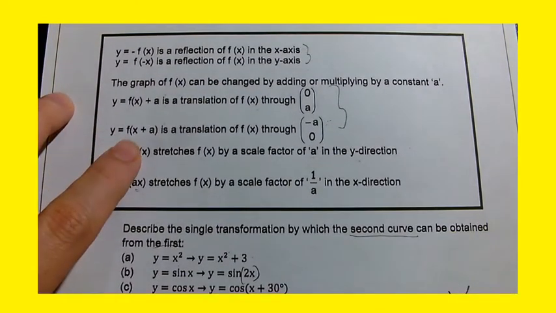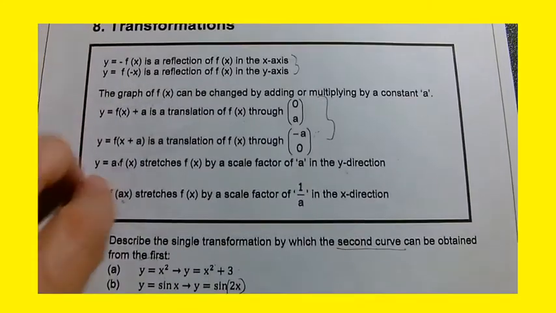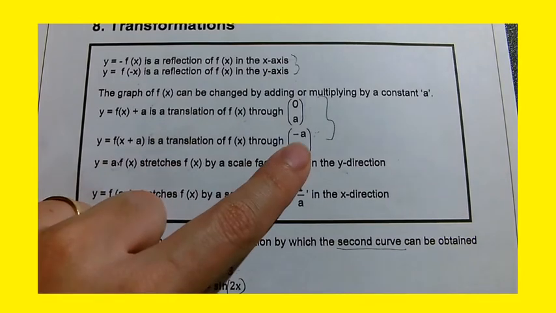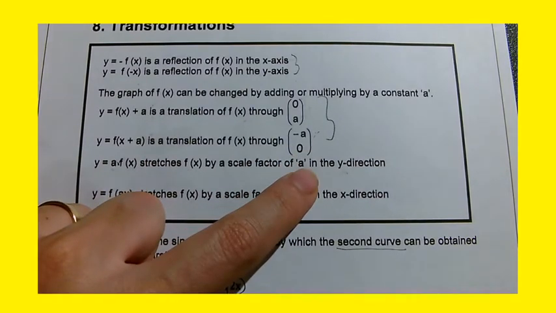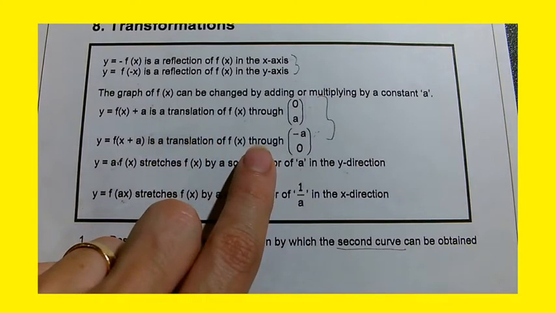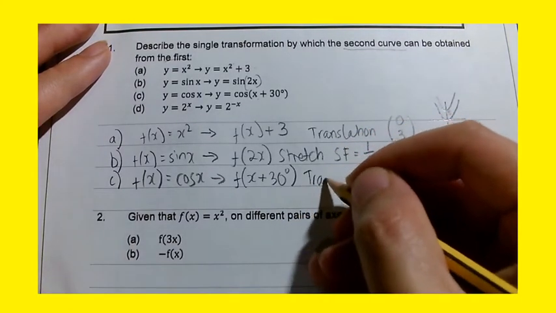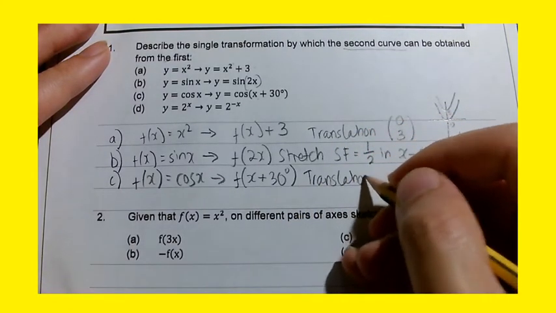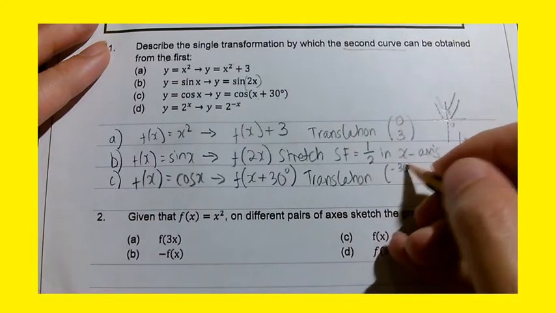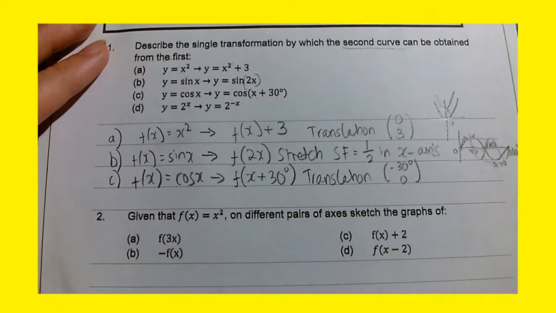Well, I've got it here, f of x plus a, which is a translation of the function by minus a, 0. So if I've got f of x plus 30, then that means the function will translate by minus 30 degrees, 0. Okay, so translation by minus 30 degrees, 0. Okay, so the whole graph of cos x moves to the left by 30.